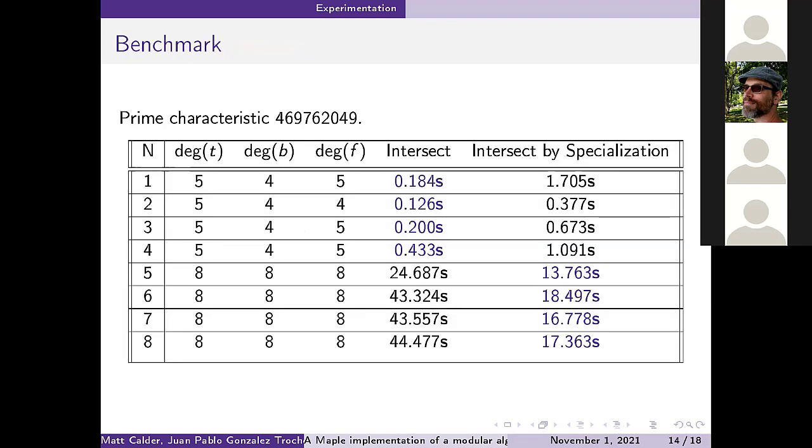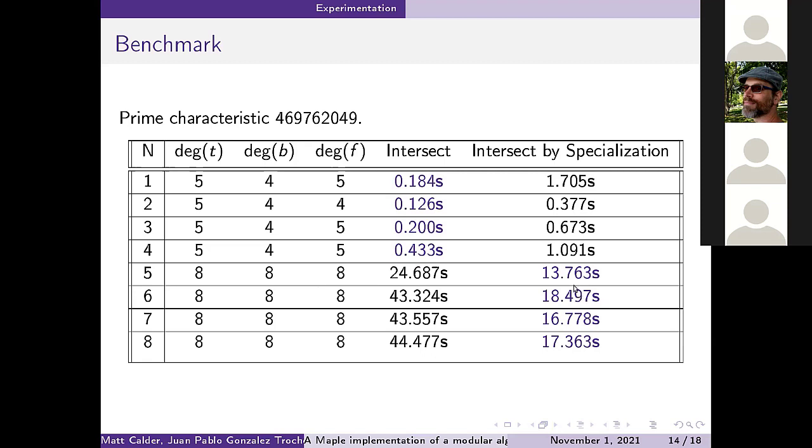About the experimentations, in lower degree, we see that always the intersect command is better than the intersect by specialization command, that is our modular method. But as the degrees of T, B, and F get higher and higher, we start to see examples where the intersect command behaves worse than the modular method.